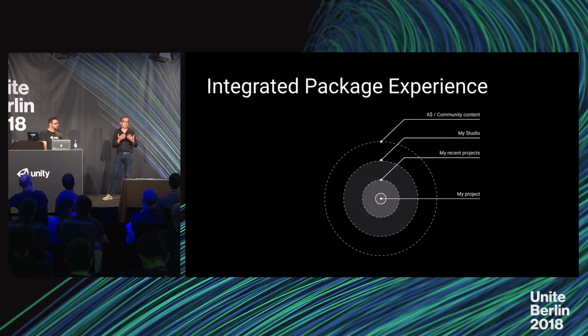It makes it really hard, for example, to update if you have a new version of a package available in the asset store. It makes it hard also, we're going to cover that a bit later, but to do something like for an asset store publisher to sell a subscription to their package. So the goal is to eventually migrate everything we deliver to the new package format. All the asset store content, all the content from Unity, so all the tutorials, the samples, all the templates.